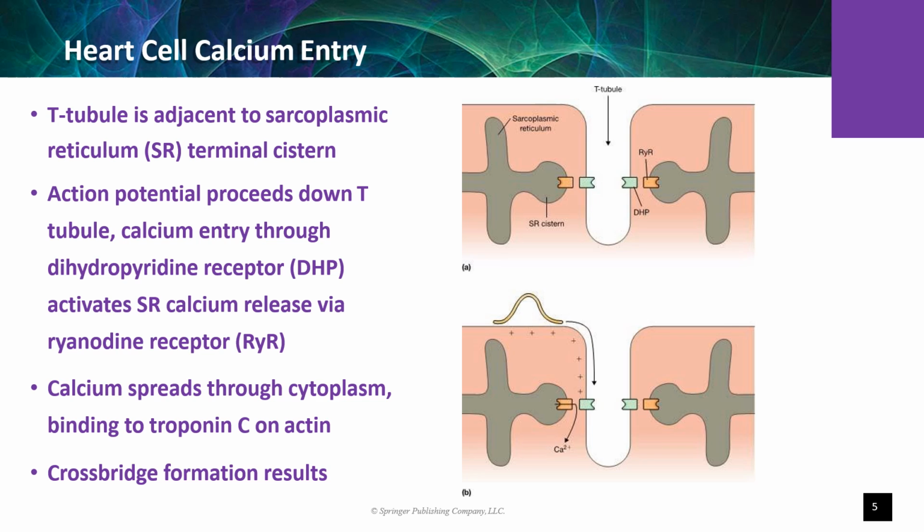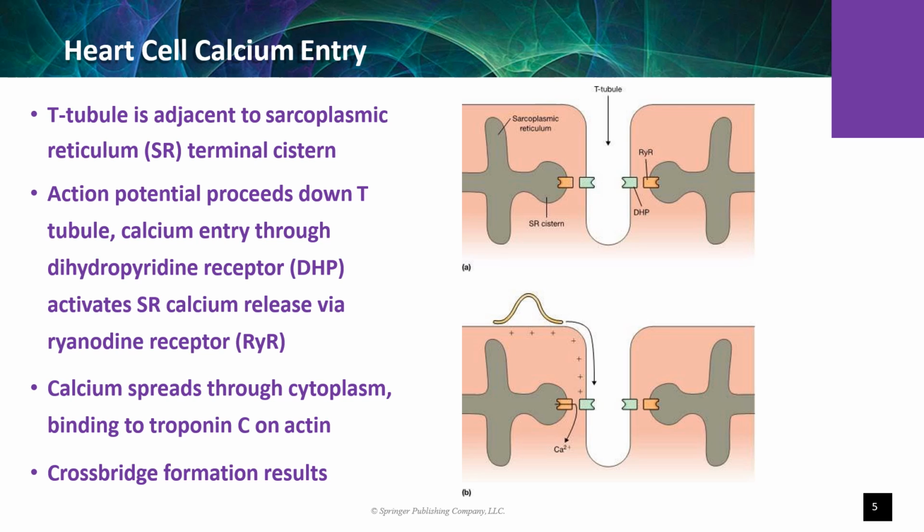The DHP receptors of the T-tubule are adjacent to the RyR of the sarcoplasmic reticulum cistern. Membrane depolarization due to the muscle action potential causes the DHP to activate the RyR, and the SR releases its stored calcium.